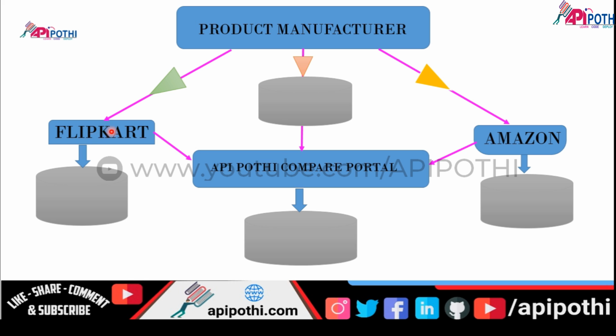So Flipkart will buy the product from the product manufacturer and Amazon will buy the product from the product manufacturer. Okay, and both Flipkart and Amazon have the same product ID that the product manufacturer has. Okay, so now they both bought the product from the product manufacturer.